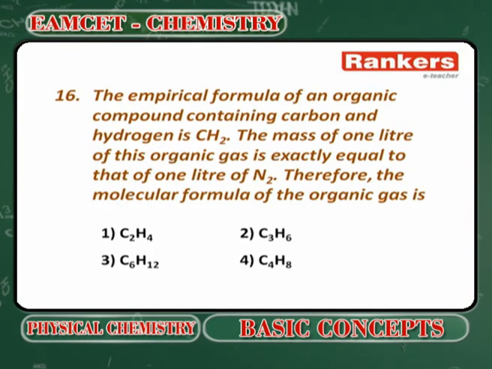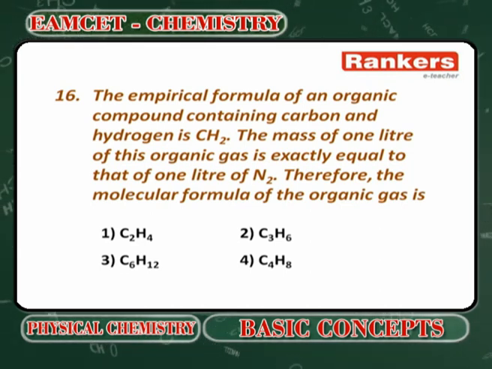Next. The empirical formula is CH2. Mass of 1 liter of the compound is equal to mass of 1 liter of nitrogen. What does it imply?